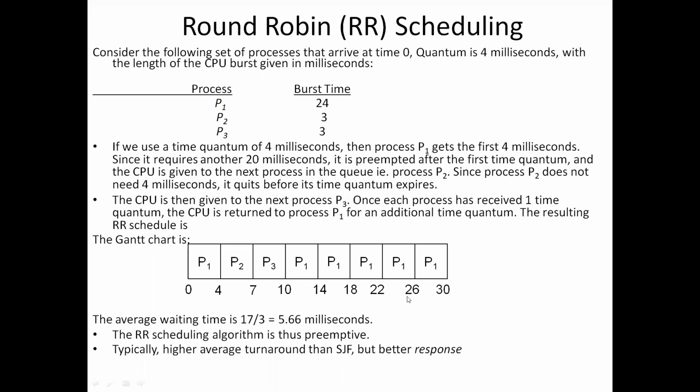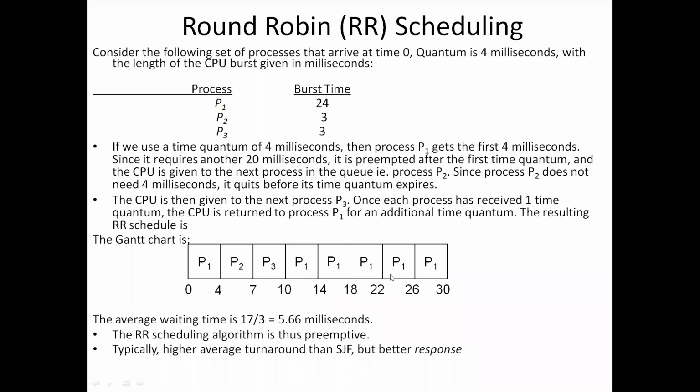Until process 1 completes its burst time, process 1 alone will get executed by the CPU, and every 4 milliseconds an interrupt will be generated. At that time the operating system will check whether there is any new process in the ready queue.